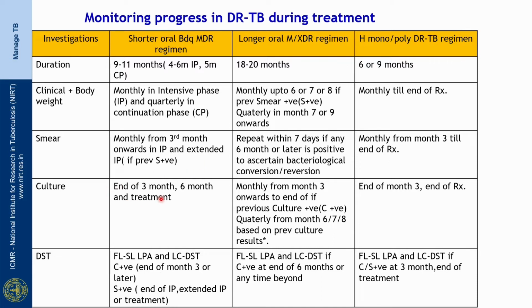Whereas culture is done at the end of 3 months, 6 months and at the end of treatment. DST will be first line and second line LPA and liquid culture DST. Culture positive means end of month 3 or later. If smear positive, then at the end of IP or extended IP and the end of treatment.